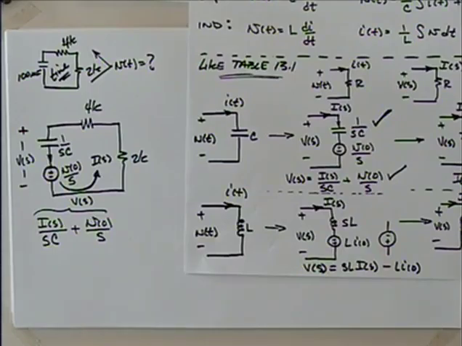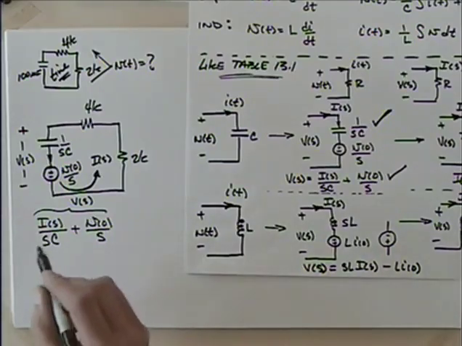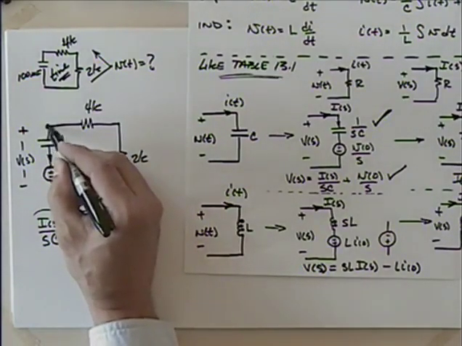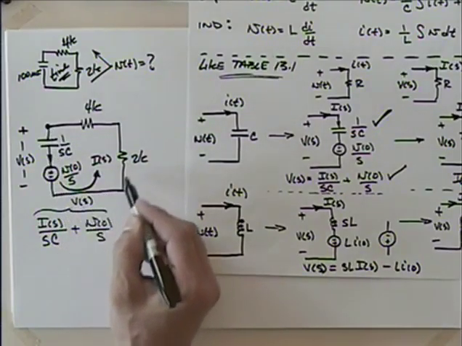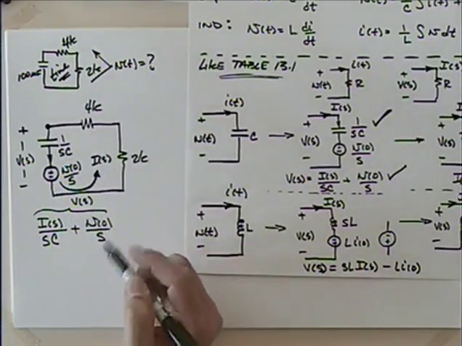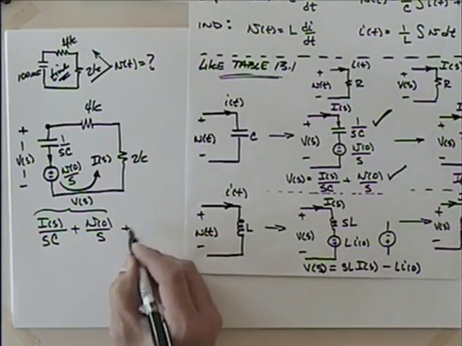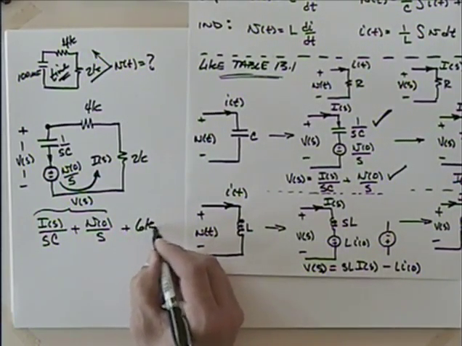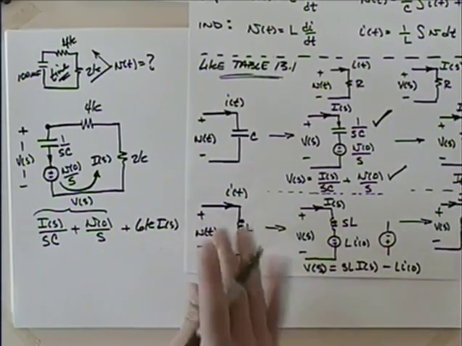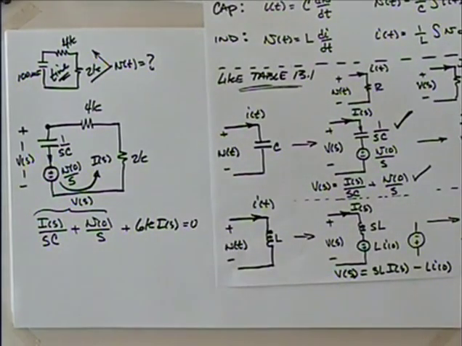I won't always do this, but as we're going through it the first time. So that's essentially a drop. If I start there and go the direction of current, that's a drop, then I would have a drop across this and a drop across that. So I could just say that 2 and 4 is 6. So I will add this, looking at drops, 6K times I of S is equal to 0. We good with that?